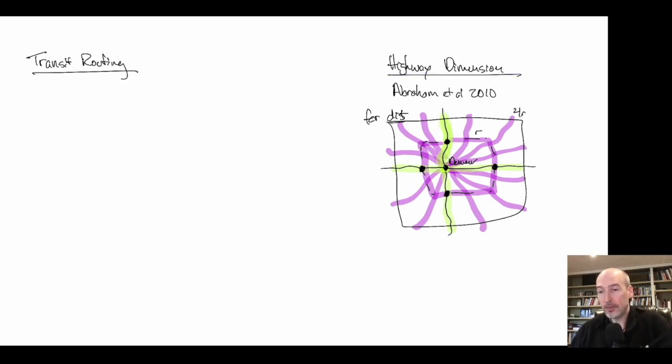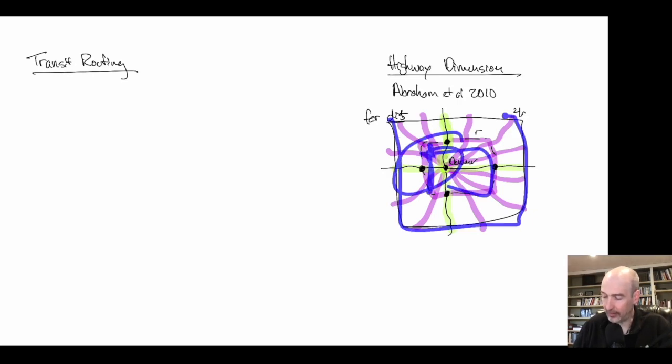A number of people were using these properties, and this is the description of low highway dimension that describes them to us. I'll use this picture of a small and a large radius to consider how we might do this overall.